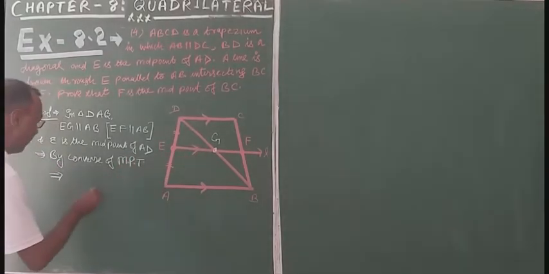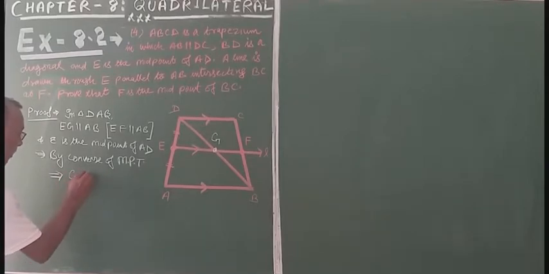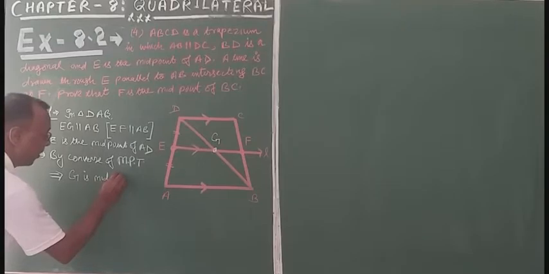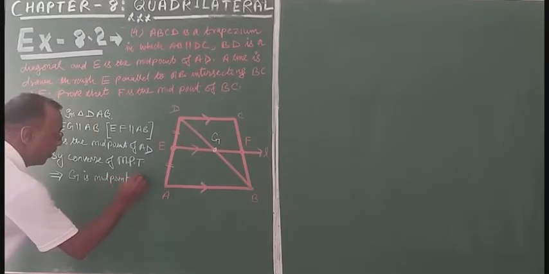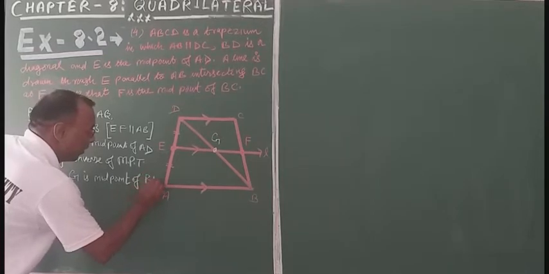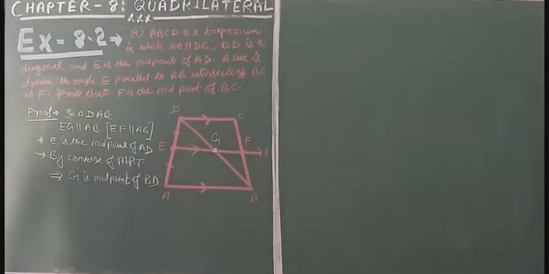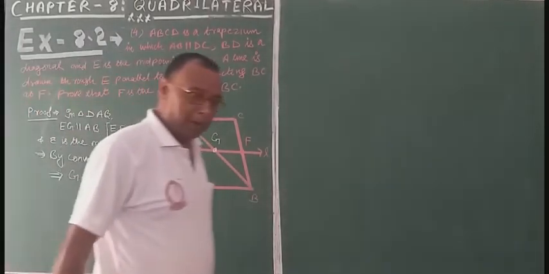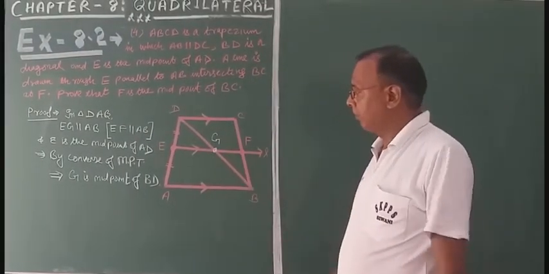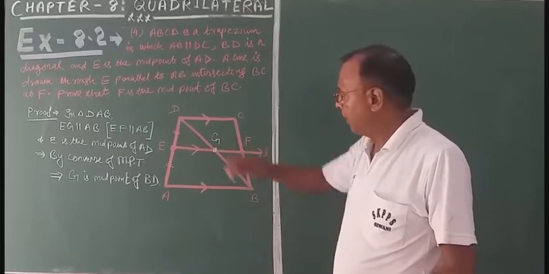This G is the midpoint of BD. Is it okay? With the help of the converse of the midpoint theorem, this G will be the midpoint of BD.